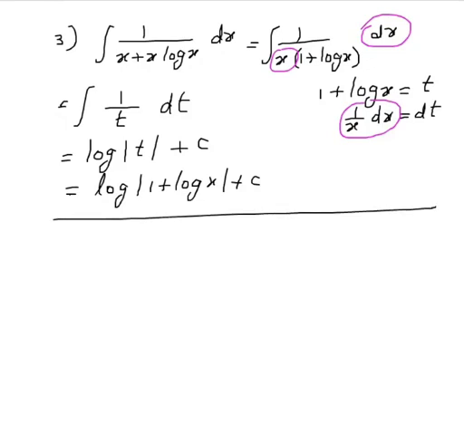In the log x function, x has to be positive, but log x can be positive or negative. Therefore, we cannot remove the absolute value sign for 1 plus log x, because 1 plus log x may be positive or negative.